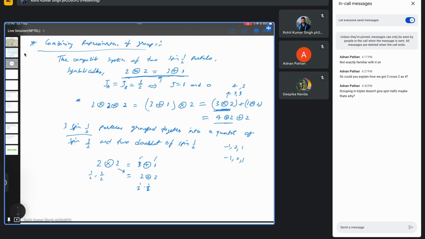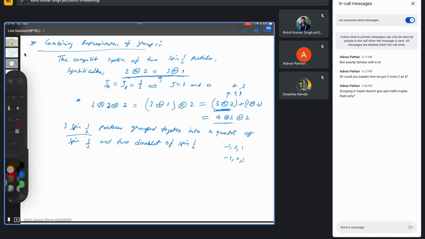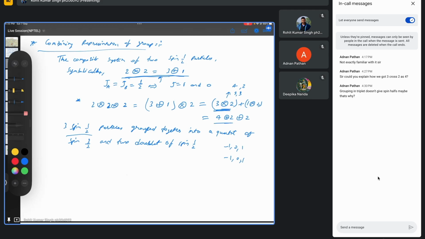So that's why we get a quartet of spin 3 by 2, and then a doublet. Does this make sense? I don't know if this is the right explanation, but I think this is what it should be. But yeah, I can look into it more. I'm also not very sure.